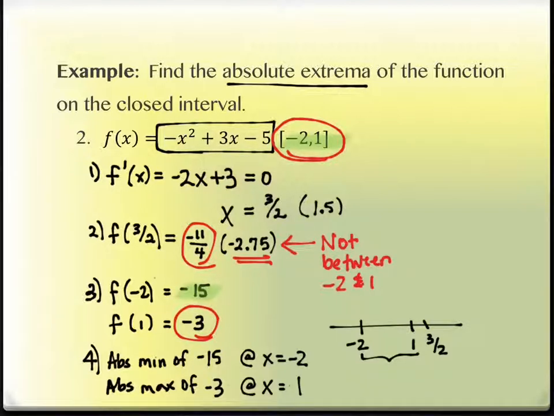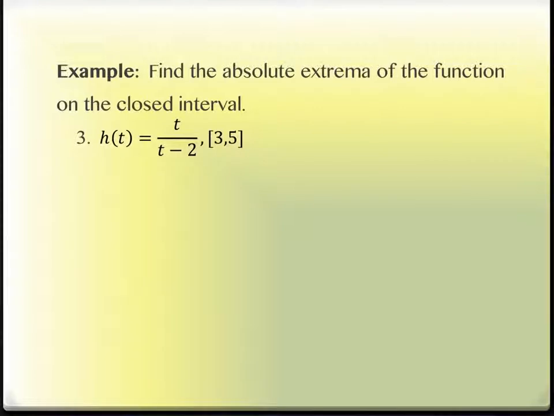Okay. We've done 2 polynomials, so we should really take a look at something that's not a polynomial and see how that affects things. And this is an example of one. So what kind of a function is this? What do we call it?